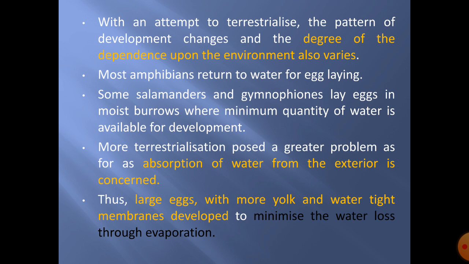So there is an attempt to terrestrialize, and with this attempt, the pattern of development changes and the degree of dependence upon the environment also varies. Please note, most of the amphibians return to water for egg laying. I mean terrestrial amphibians.